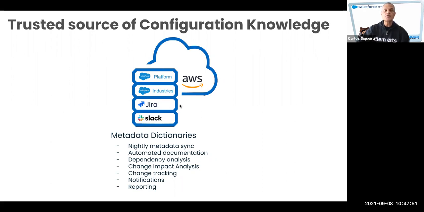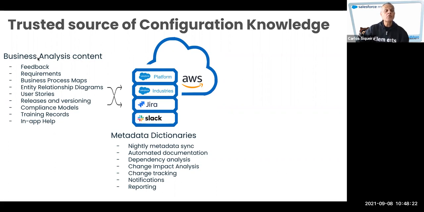Where you create your user stories in Jira and they get translated in the configuration knowledge, or you go to a configuration knowledge product and you send the user stories to Jira as well. It must be a bi-directional relationship. And of course, with collaboration with Slack, we have only scratched the surface of Slack. Slack is a game changer, and you should consider integration with Slack as well because it improves collaboration a lot.